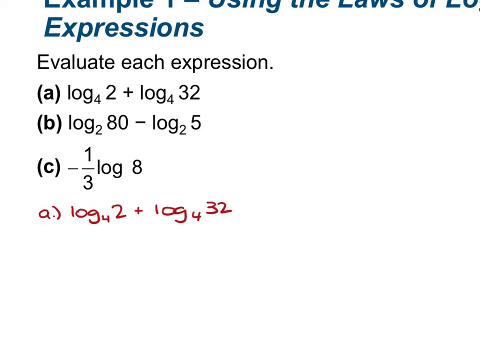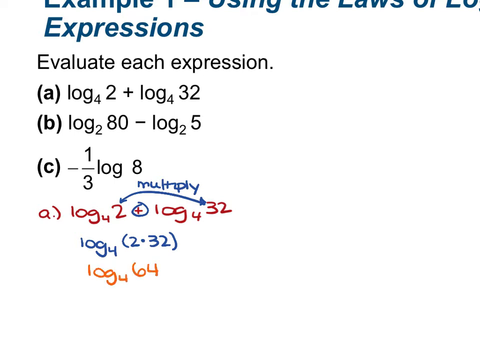You have addition here, so you will multiply the 2 and the 32. Keep the log 4. So it would be log 4 of 2 times 32. 2 times 32 is 64. So that's log 4 of 64.